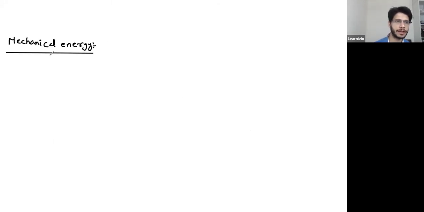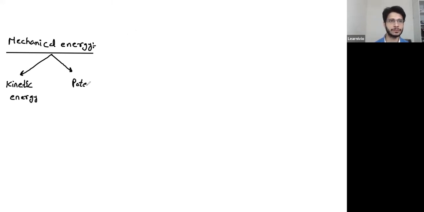The one is due to the motion of a body, which is known as kinetic energy, and another is due to the interaction, which is known as potential energy. Kinetic energy is due to motion of the body and potential energy is due to interaction, due to forces. We will discuss potential energy later, but first let's complete kinetic energy.